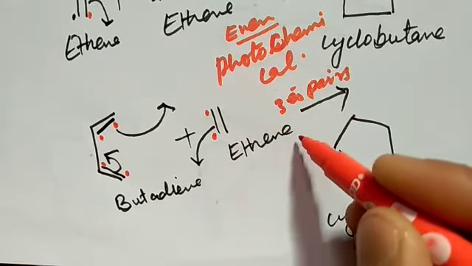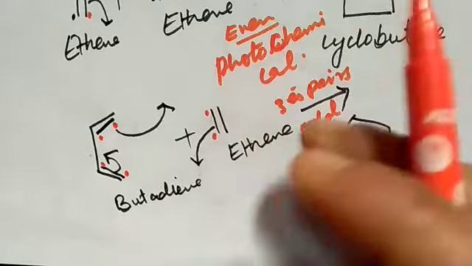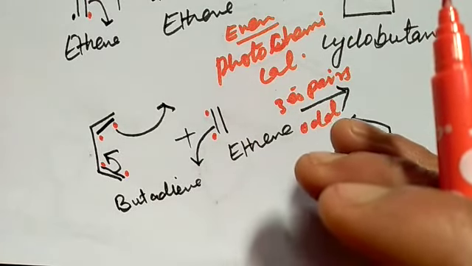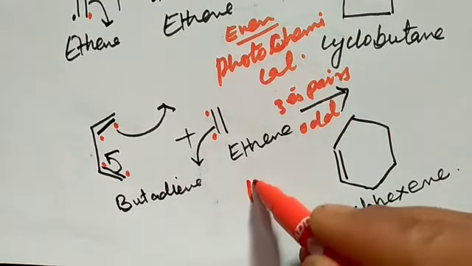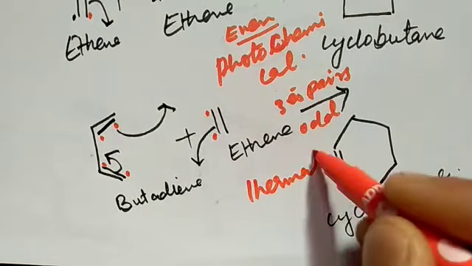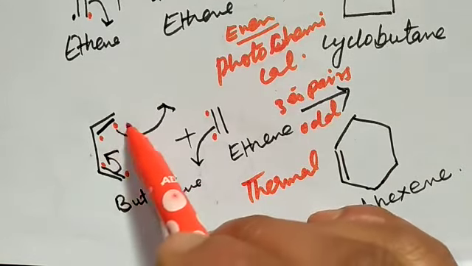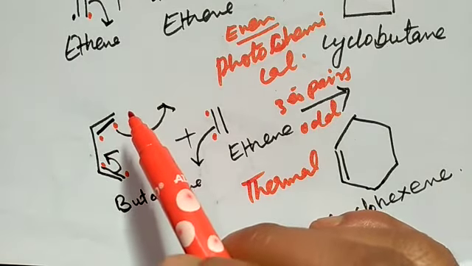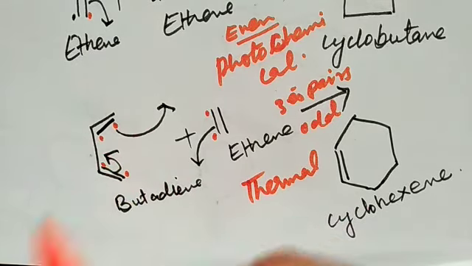It means an odd number of electron pairs are there. The rule says that if an odd number of electron pairs are in a reaction, then the reaction is thermal. Right? We count only those electrons which take part in a reaction. We do not count these electrons.